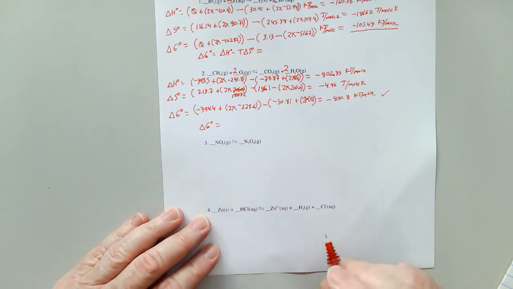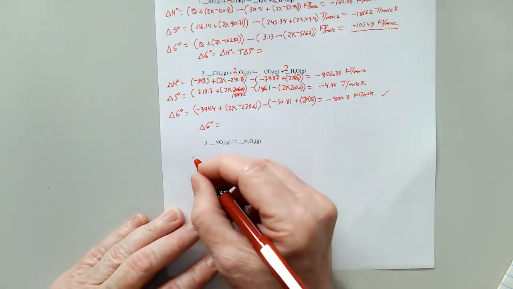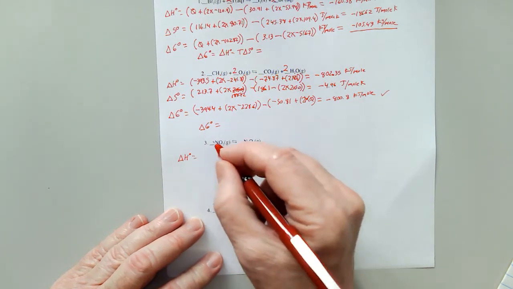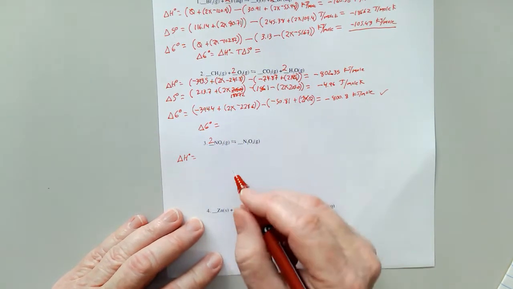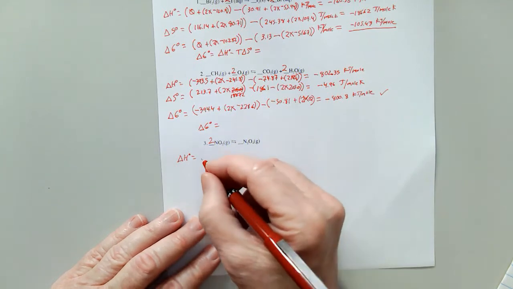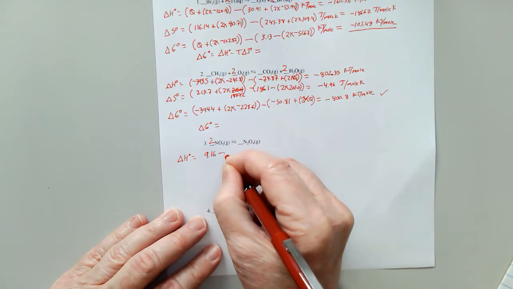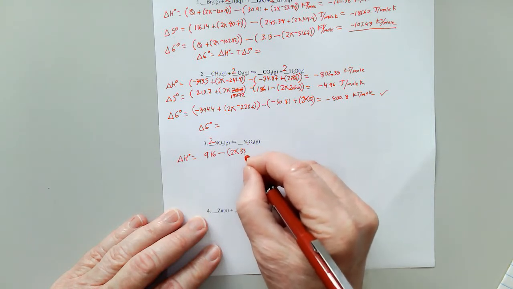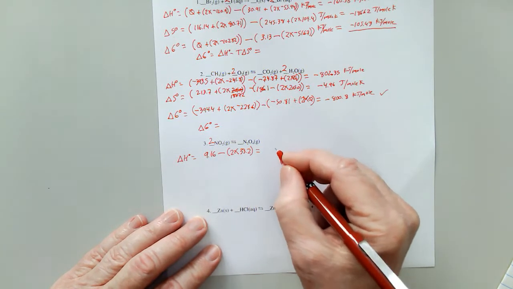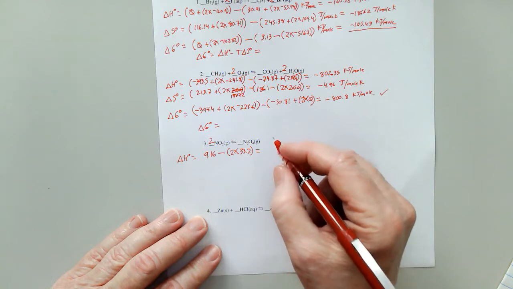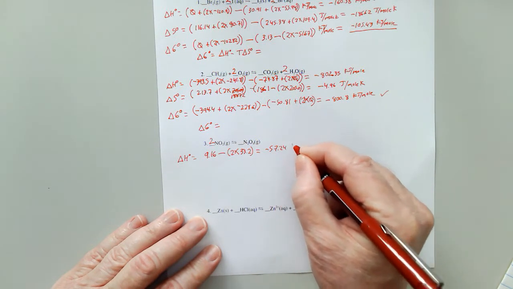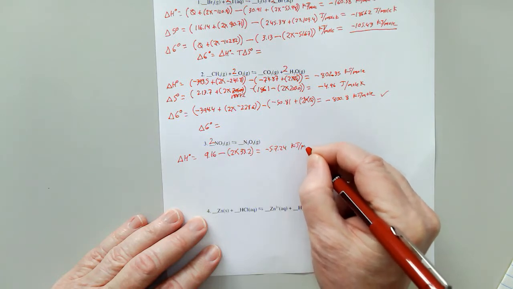All right, I hope you're back now. You've tried those. Let's take a look. Delta H naught equals, I need a 2 there. So for N2O4, I get 9.16 minus 2 times, and I get 33.2 out of the tables. And when I do that, I have negative 57.24, and that's kilojoules per mole.